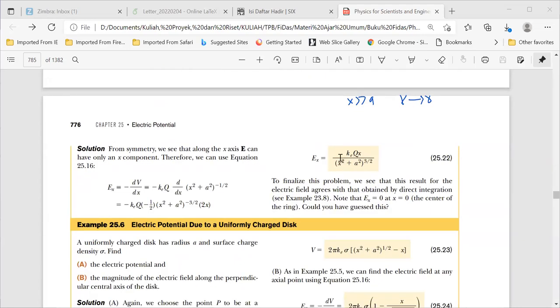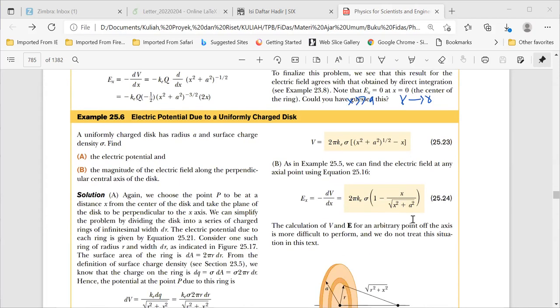Begitu juga untuk medan listriknya, kalau Anda ambil x sangat besar dari a atau x menuju tak hingga, itu akan 0. Kalau yang disk juga sama, kalau x menuju tak hingga atau sangat besar dari a, E-nya juga akan menuju 0. Intinya begitu.